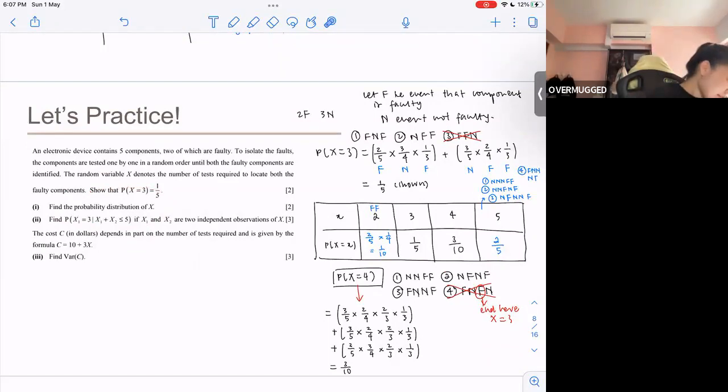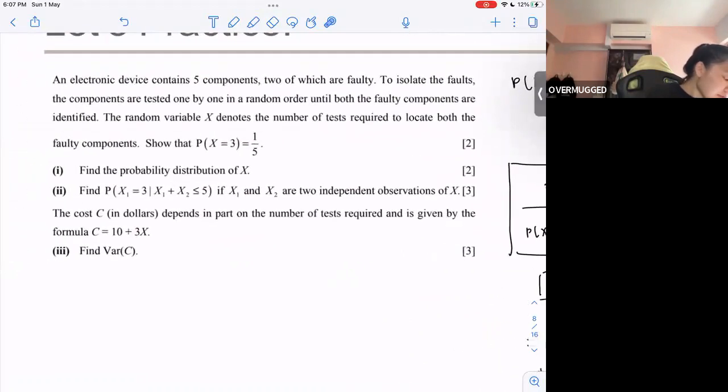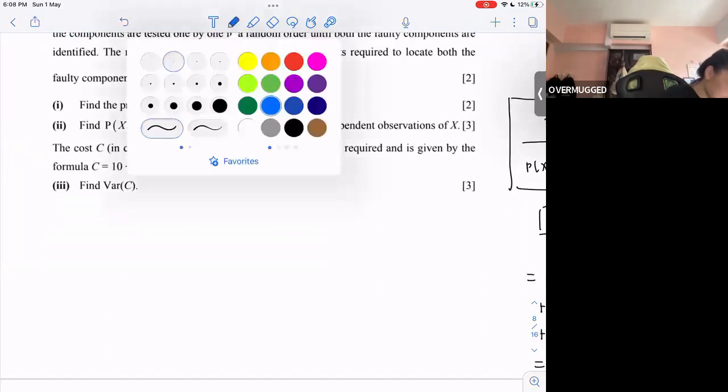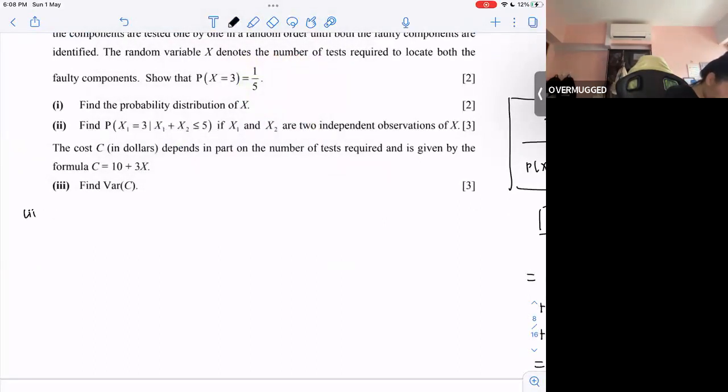Okay. So let's do part 2. Find the probability of x1 being 3 given that x1 plus x2 is less than or equal to 5, if x1 and x2 are 2 independent observations of x. So for this, it's like a mix with your probability, right?